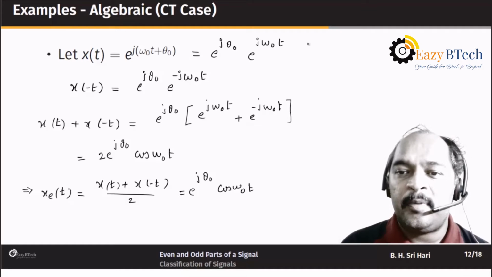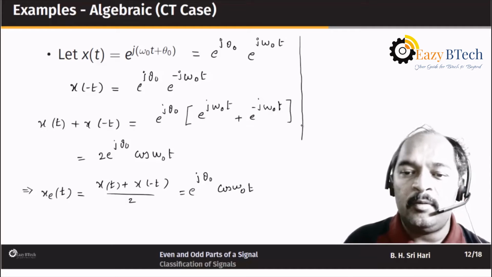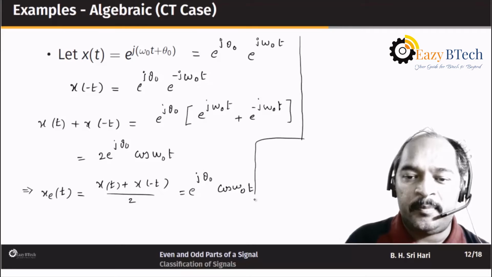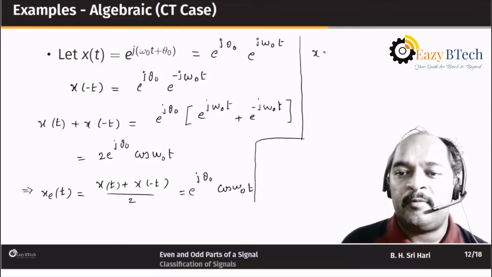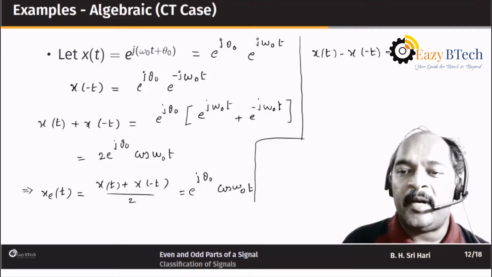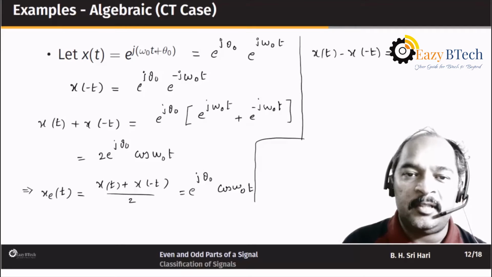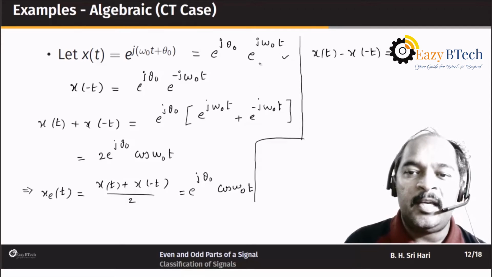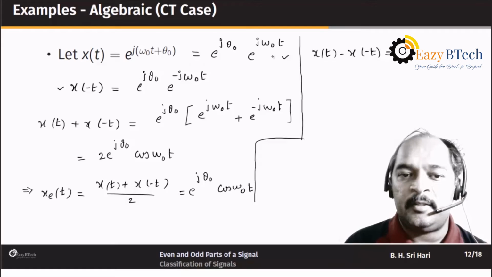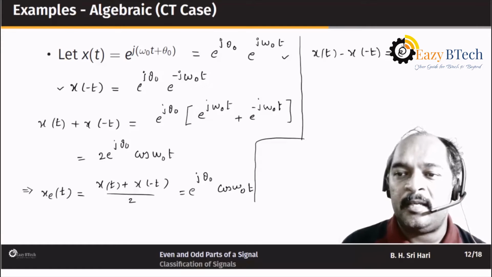To find the odd part, what do we have to do? We have to subtract x of minus t from x of t. So you get x of t minus x of minus t. This is our x of t, and this is our x of minus t. If you subtract, what happens? So that should be equal to e power j theta naught, which is common, you can take it out.